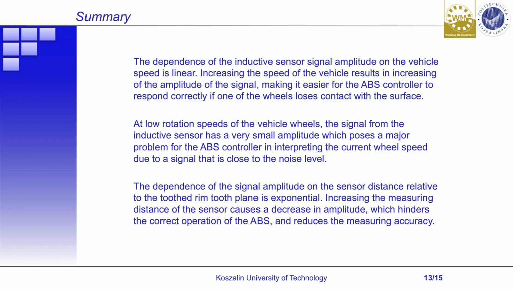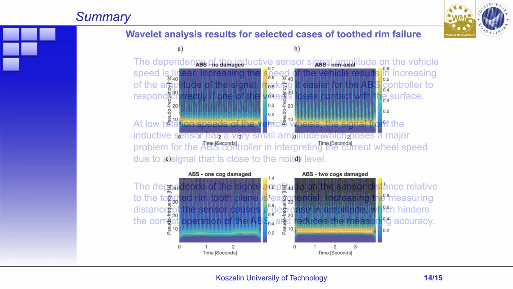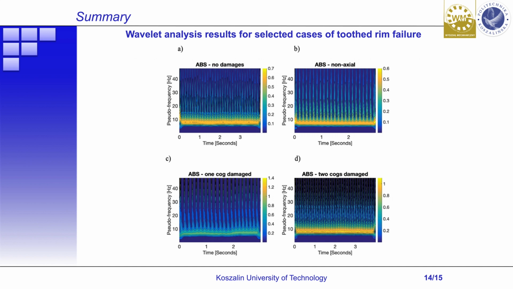Damage to the toothed rim is noticeable in the signal readout, which can cause the ABS system to malfunction. The results of the analyses using the wavelet analysis described above are shown in the figure. The study used a Morlet wavelet, with parameter 3, which is directly related to the frequency of the mother wavelet.